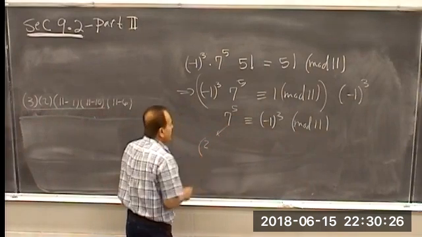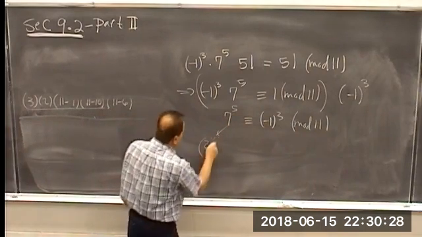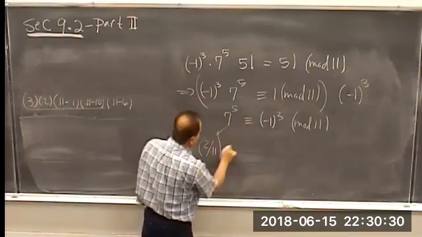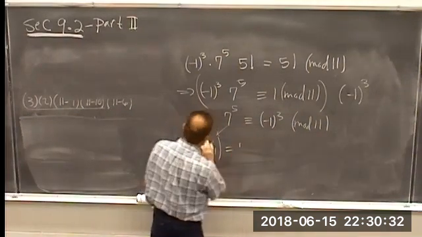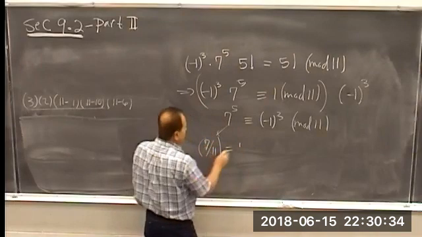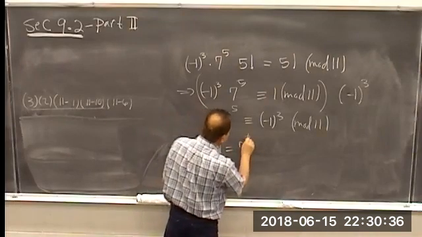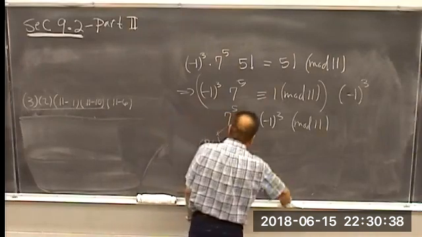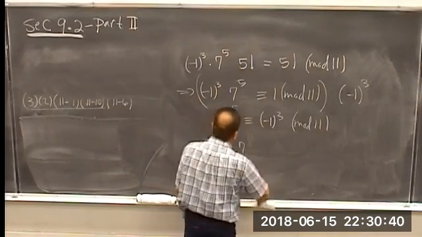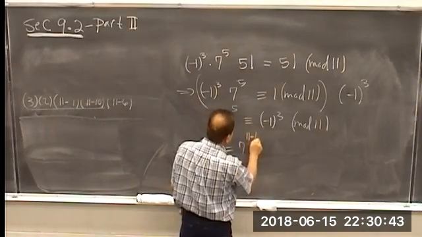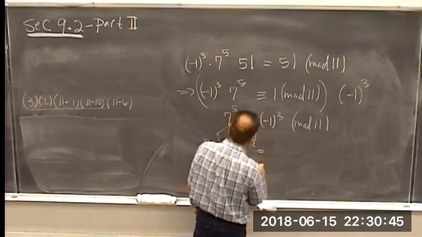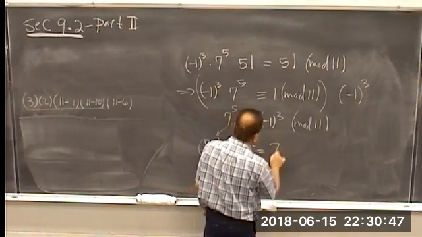This is 7 over 11, which is equal to 7 to the (p minus 1) over 2, which is 11 minus 1 over 2. This becomes equal to 7 to the 5th.